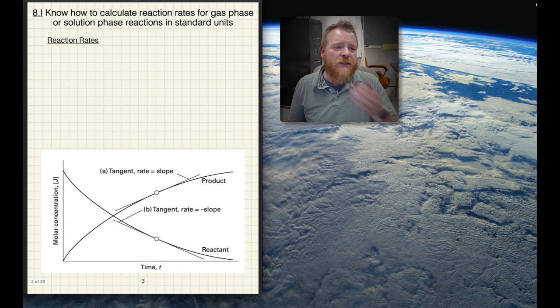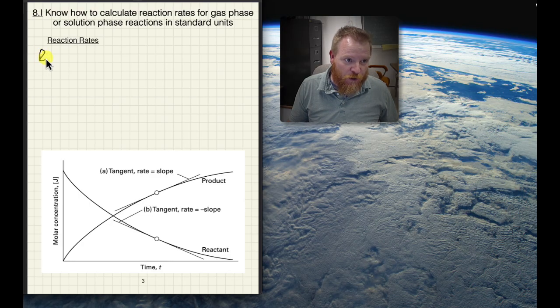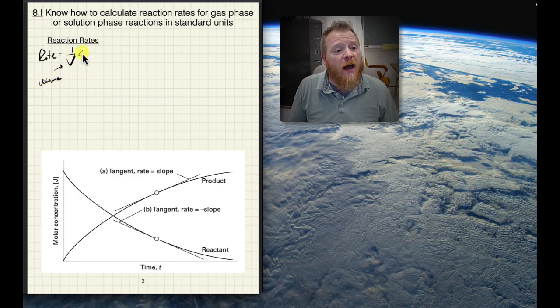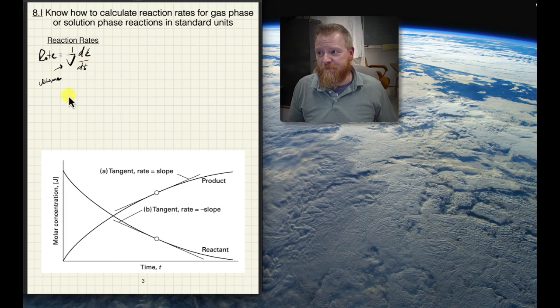Okay, so let's first start by setting up our definition for a reaction rate. You'll often see people write just rate to denote the rate of a reaction, and I'll give you the full correct definition. This is technically 1 over the volume times dξ by dt.